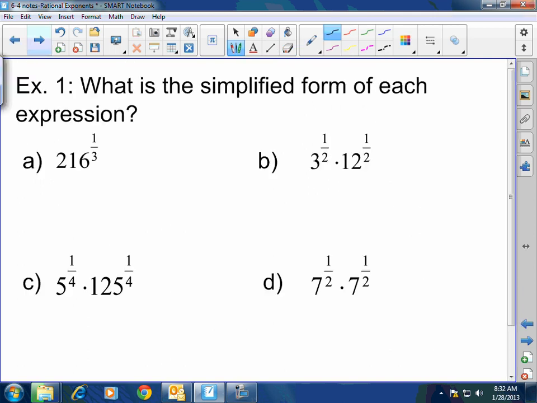Okay. What is the simplified form of each expression? Now, we're going to go ahead and reverse the skill and actually simplify it. So, if I have 216 to the 1/3, that means I have the cube root of 216. Okay, why? What was the power of the radicand? 1. Boom.